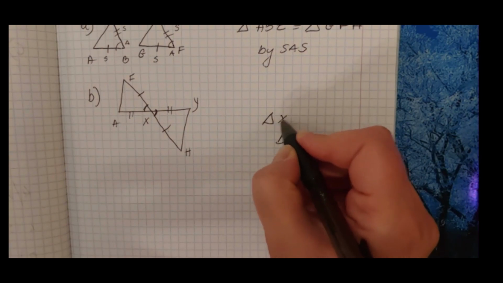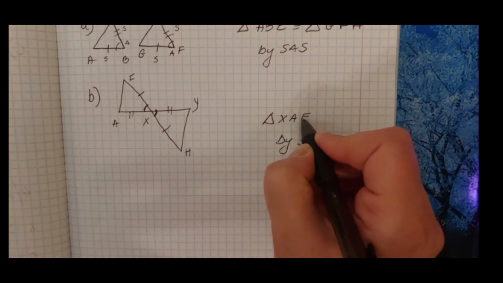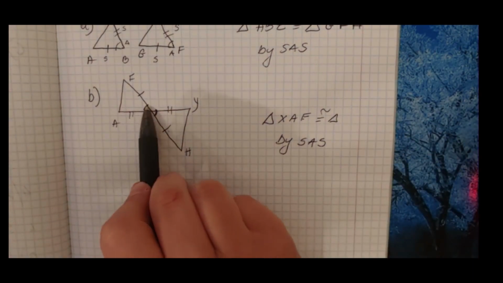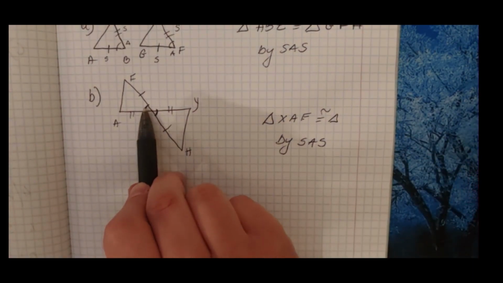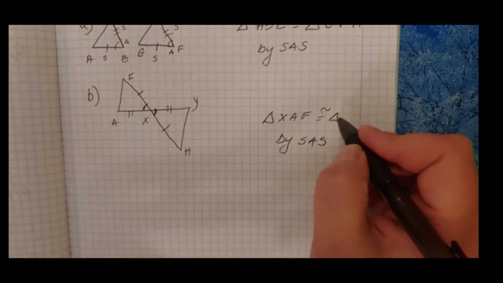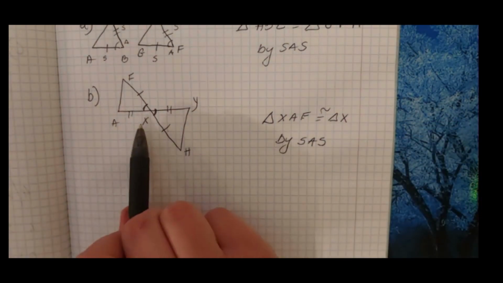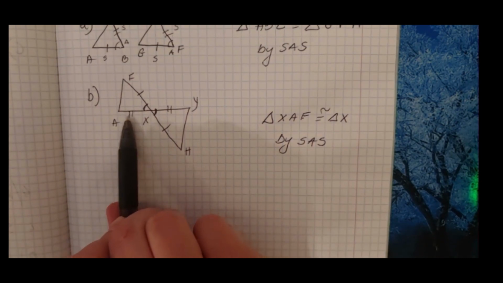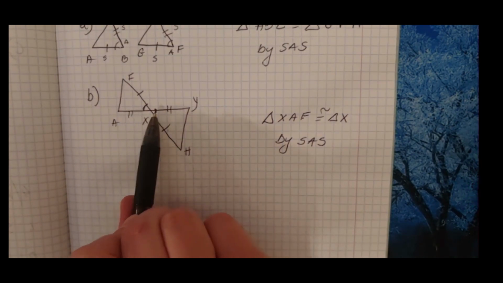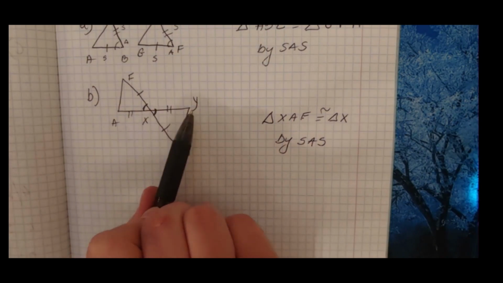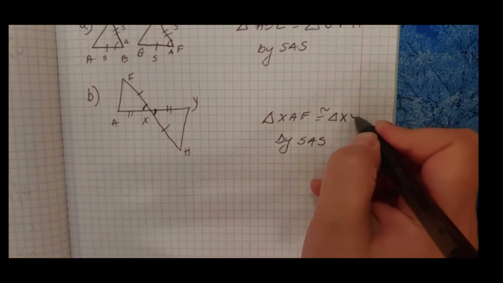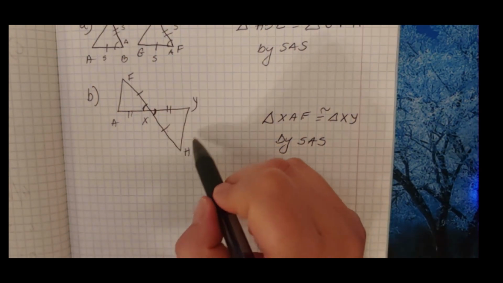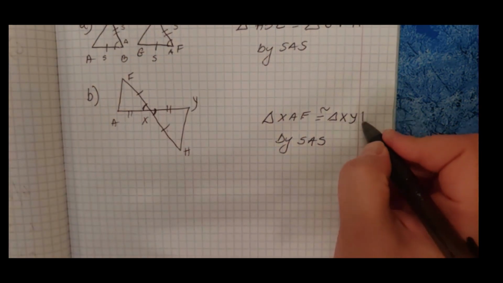Let's say XAF is congruent to what? Well, X in this triangle also goes with X in this triangle. And then if I go from X to A, I'm using the side with two markings. Then that means I need to go from X to Y. And the last letter that is left in this triangle is H.